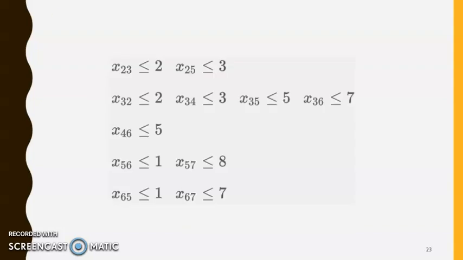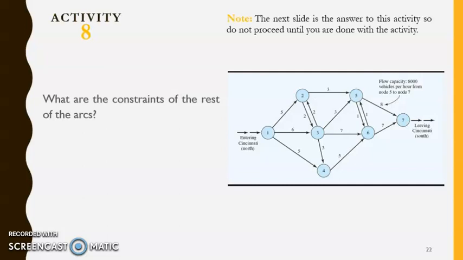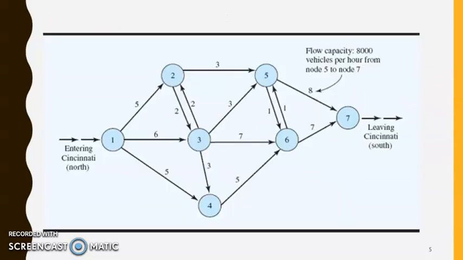Now, my friends, you have modeled this maximal flow problem. It means that when you solve the mathematical model, it gives you the maximum capacity that this network of roads can handle, while, for example, 1, 2 has the capacity of 5, or 3, 6 has the capacity of 7.